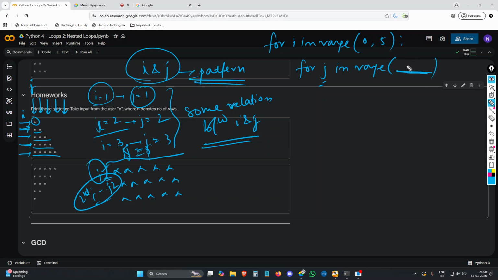So let's make j dependent on i itself. Okay, now how does it work? Let's try to understand. For i equals 0, what is j saying? j is saying that I also want to run till 0, right?